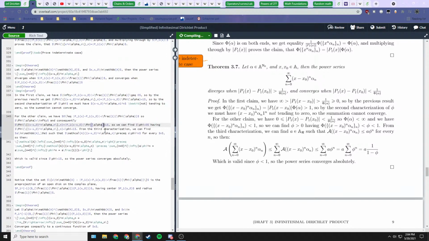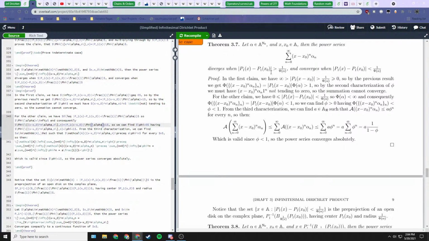Okay, so now all we're doing is making the observation that the edge case will never happen. For the first claim, we just notice if this is greater than reciprocal phi, this thing has to be finite and has to be greater than 0. So it's greater than some non-negative thing, so it's positive.